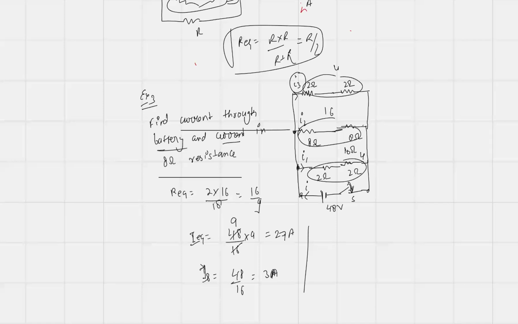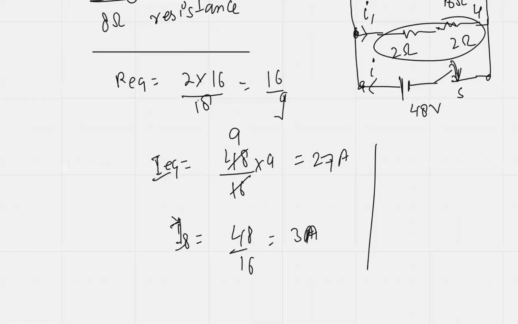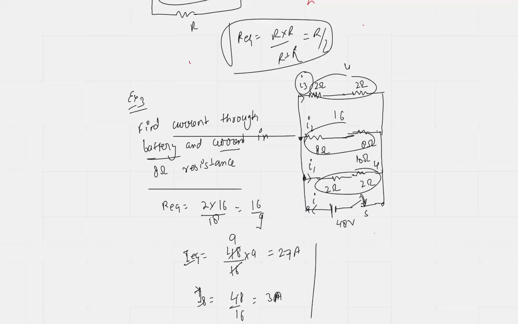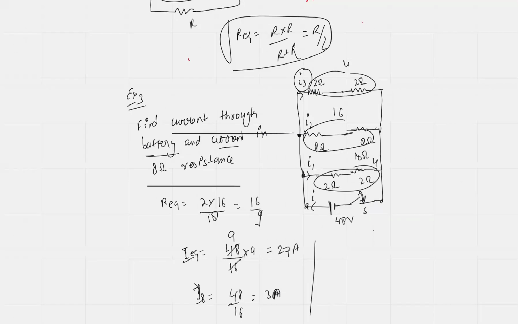Can't we use I2 is equal to I into R1 into R3 divided by R equivalent? I2 is equal to total current into R1 into R3 divided by R1 plus R4 plus R3.